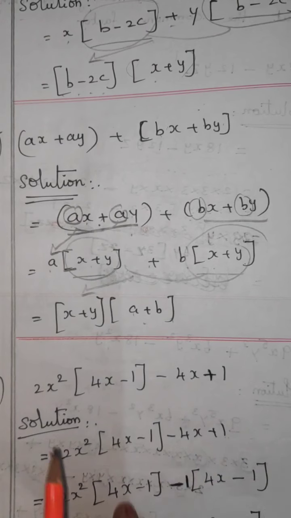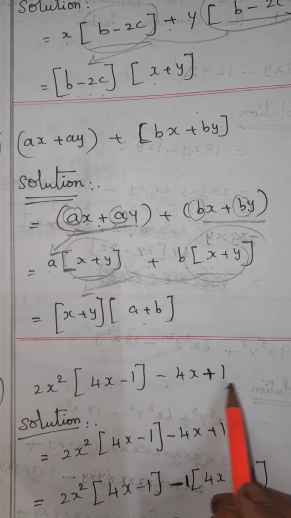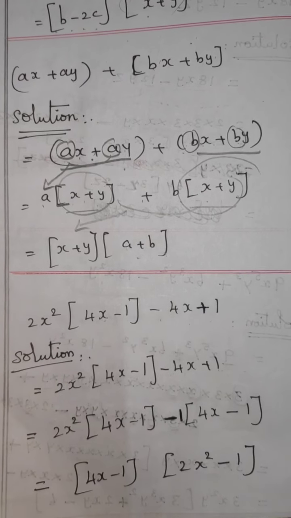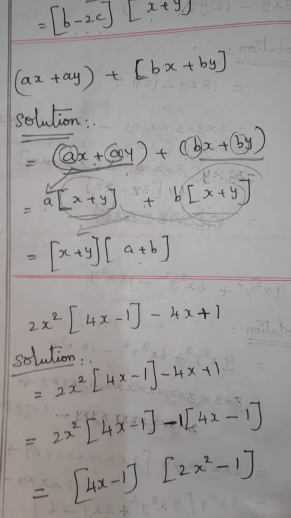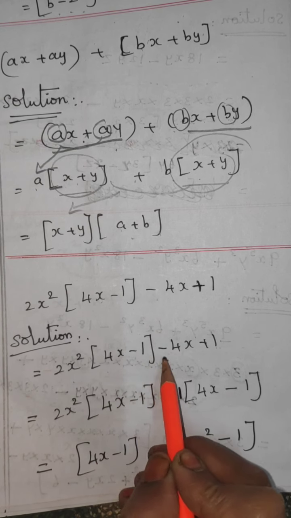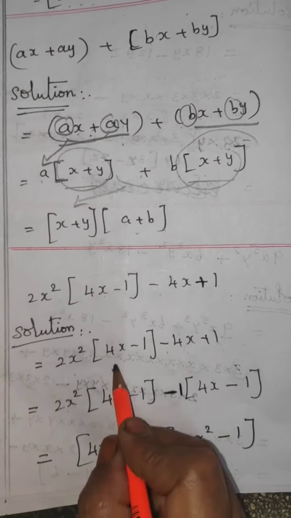Next question: 2x squared into 4x minus 1 minus 4x plus 1. Look at this very carefully. Example, same model only. Write the same question, next step also. 2x squared into 4x minus 1 minus 4x plus 1. See here 2x squared in the bracket.